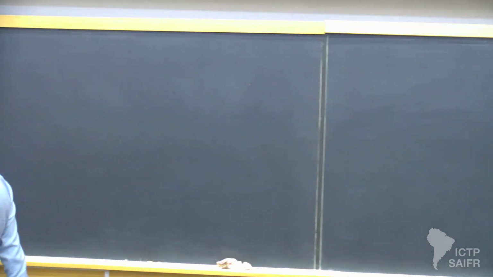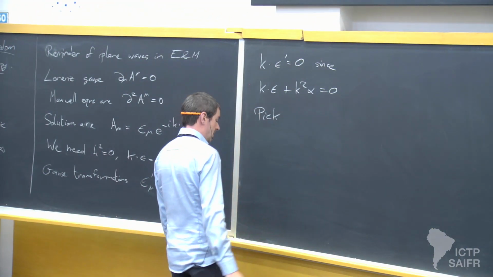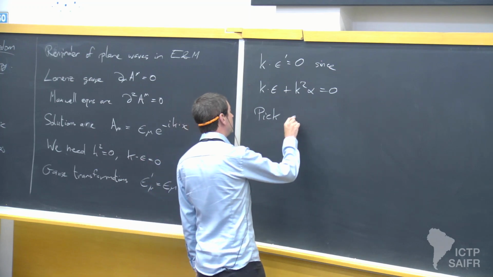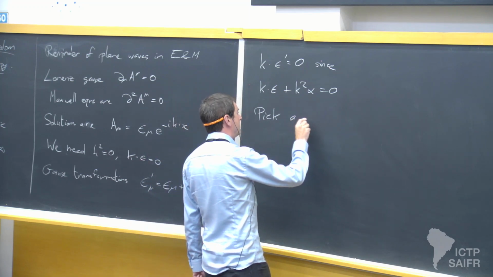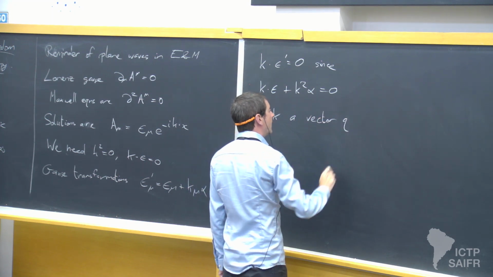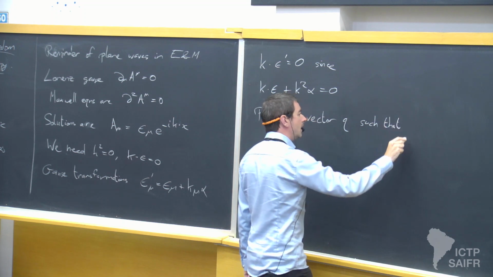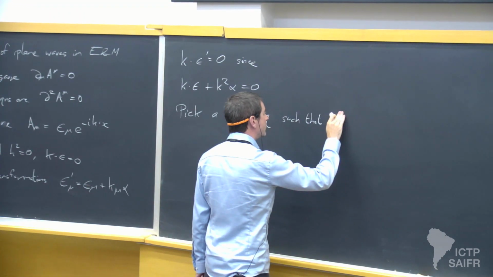And often what we do in amplitudes is we pick another gauge. So we pick another quantity, a vector q, such that q dot k is non-zero.